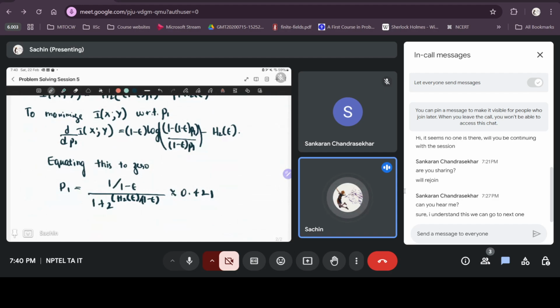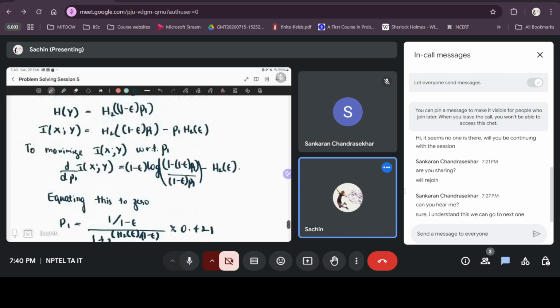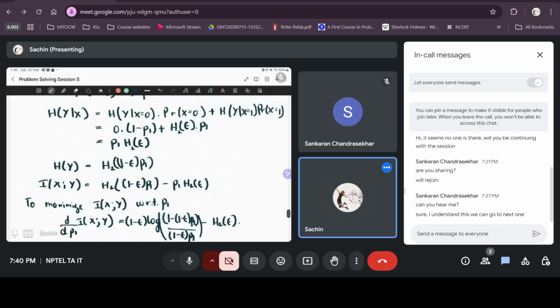So this value of p1 maximizes your capacity, which is I of xy. So the capacity is, substitute p1 equals 0.421 in the capacity expression, that is h2 of 1 minus epsilon p1 minus p1 h2 epsilon.